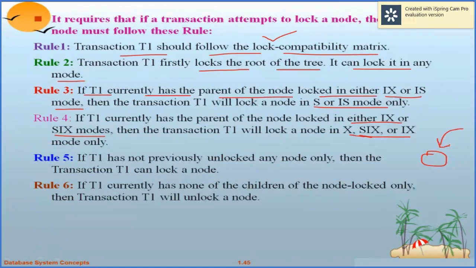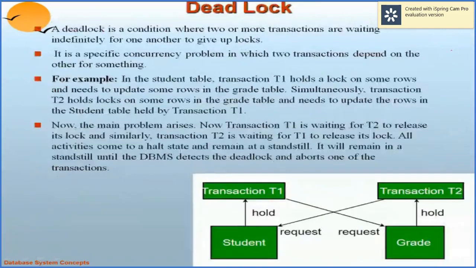In that case, the transaction T1 will continue to lock the node. One thing should be kept in mind when you are trying to lock any data element to perform any activity: once the read and write operation is over, immediately it has to unlock the data element so that the next transaction can undertake that. Okay, next one.